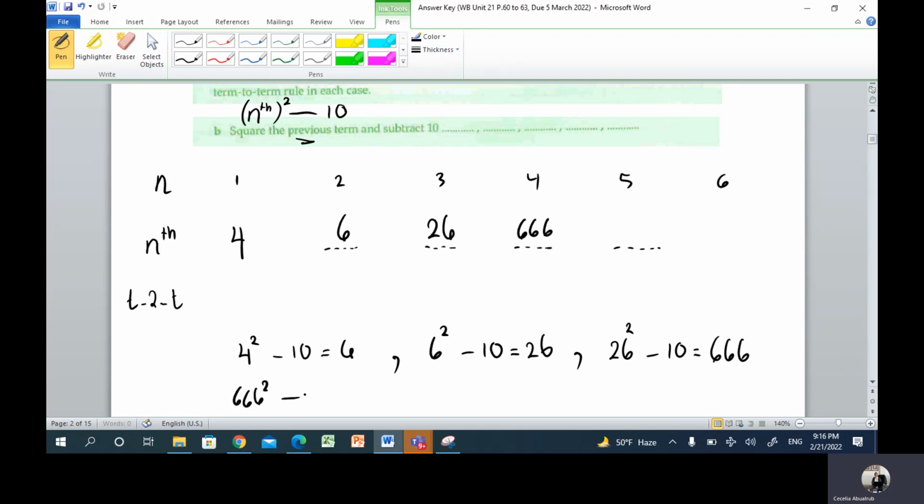The previous term to this one is 666, so 666 to the power of 2 minus 10.